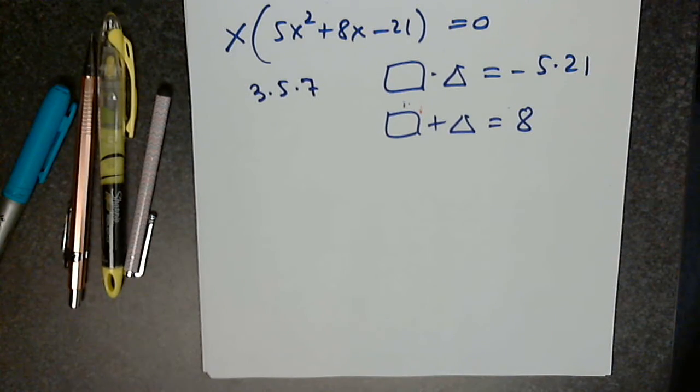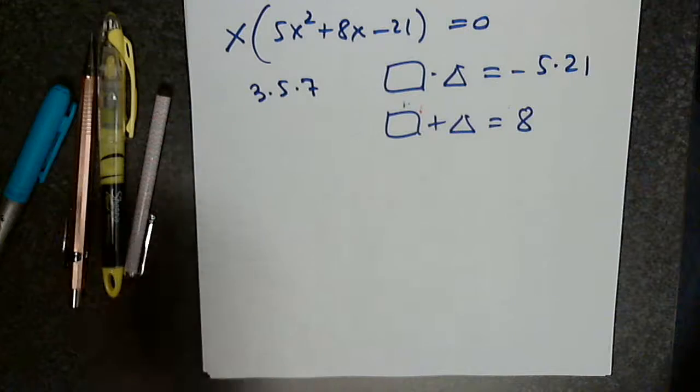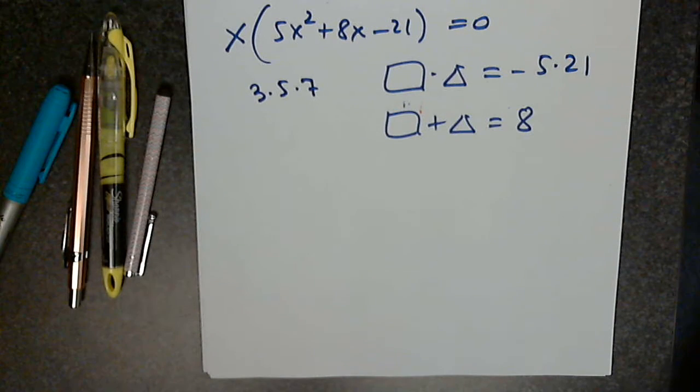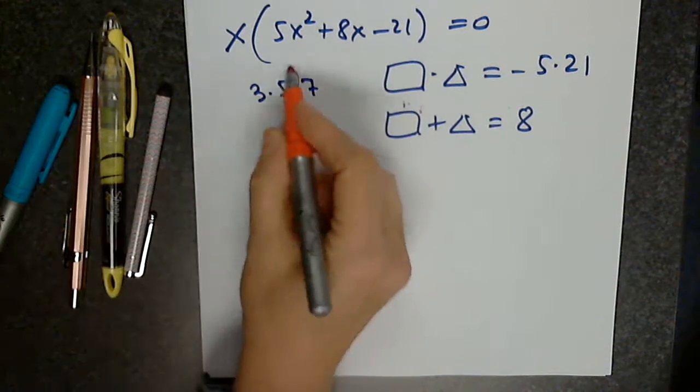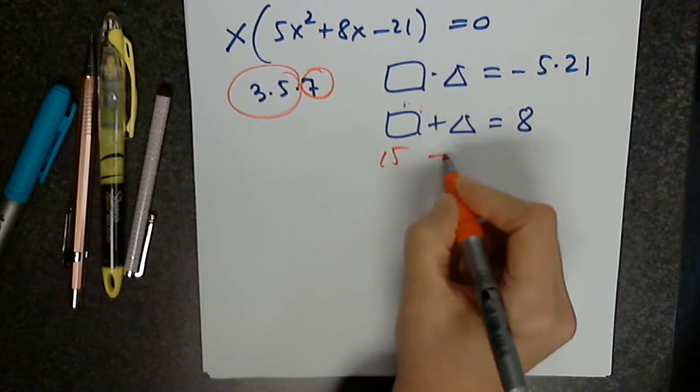Since the product is negative, what type of numbers am I looking for? Perfect. So I need to use all these factors, but just come up with two numbers, one negative and one positive, whose sum will be 8. Very good. So 15 and negative 7.